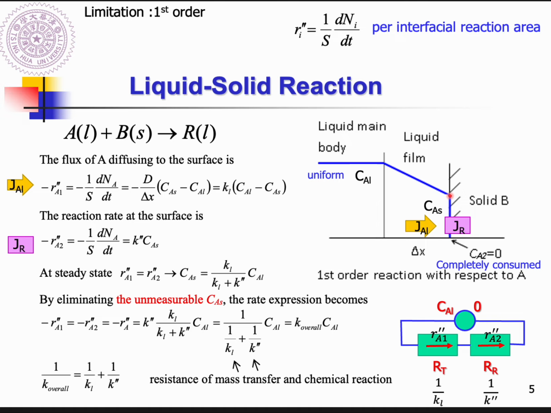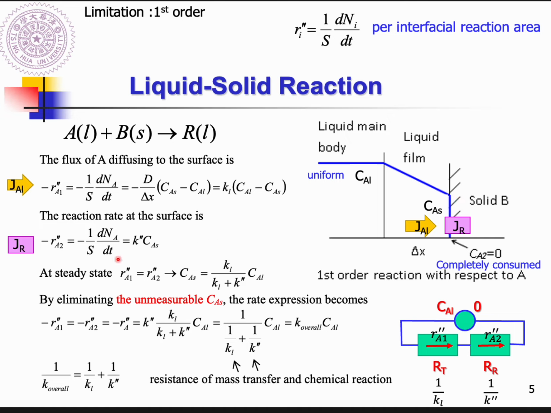This can be considered the overall rate equation. But based on this equation, we don't have any idea what CAS is. It is non-measurable because it's the concentration of reactant A on the surface before reaction.